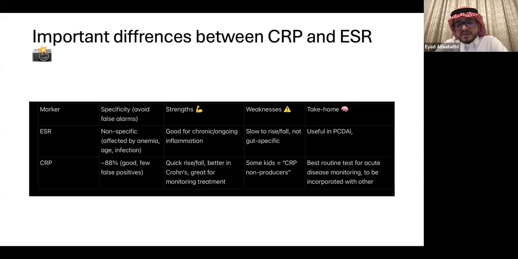So even though it's one of the blood work that was included in the Pediatric Crohn Disease Activity Index, I find that CRP is more accurate and more clinically relevant to the patient. So if you ask me per se, I prefer CRP, but usually we order them both.